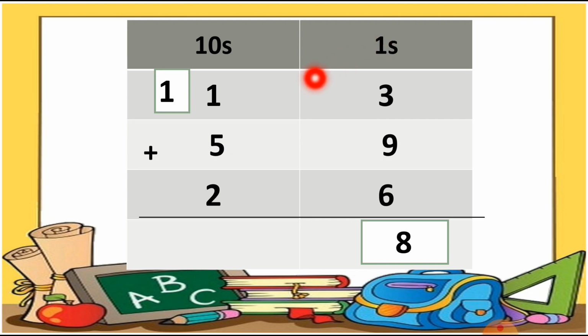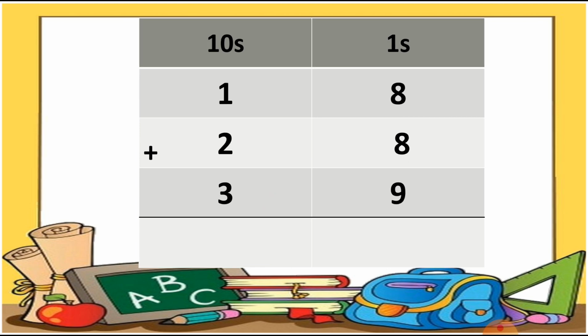So here you can see 1, 8, 18. Now let's move to the tens column. Here is 1 plus 1 plus 5 plus 2. These 4 digits we have to add together at the tens column, and the total is 9. So here our answer is 98.